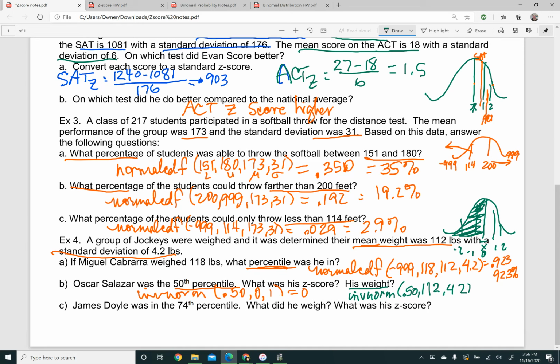Now you should know what the answer is here because his z-score is 0 and his weight's at 50%. It should be 112 because that's the mean. The mean is a z-score of 0. But we can put it in our calculator and check.